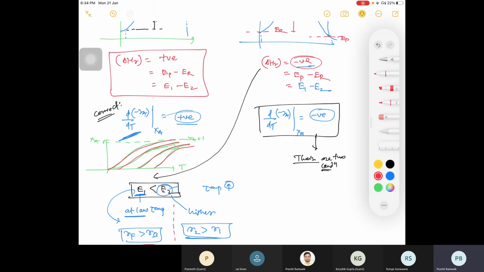Right? And here you can clearly see that for a given value of XA, your rate is increasing. So suppose this is minus RA equal to 0, this is 1, this is 10, this is 100. So here you can see it is increasing.